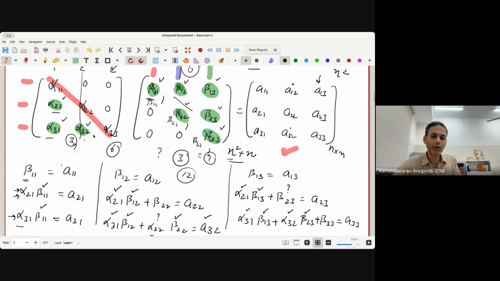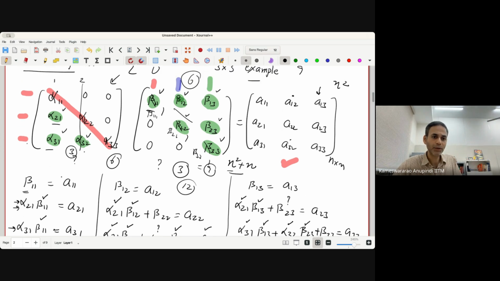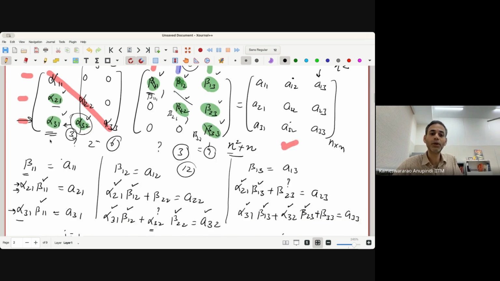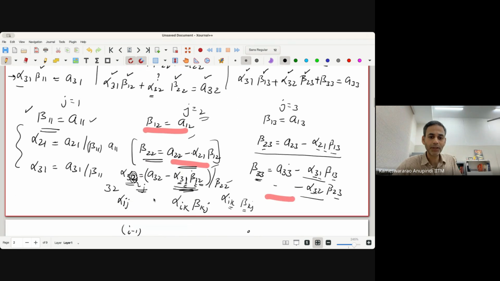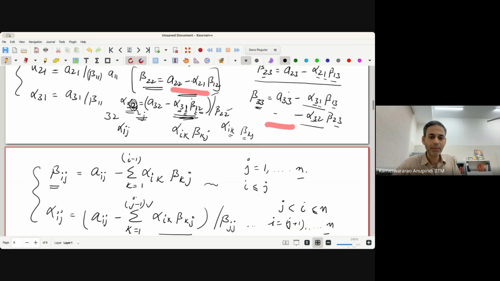That means you're trying to calculate the alpha value for this column in this particular row. Then alpha 32 will have subtractions from its predecessor values. The predecessor values, because this is the second column, will be only the first column and so on, right? That means if this was some jth column, then these would have been up to the j minus 1th column. That's why this went as sigma in the alpha calculation. We had j minus 1 here.